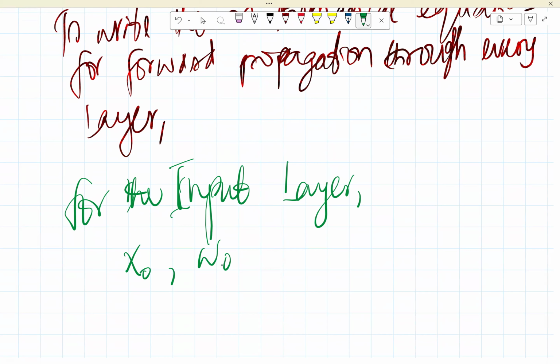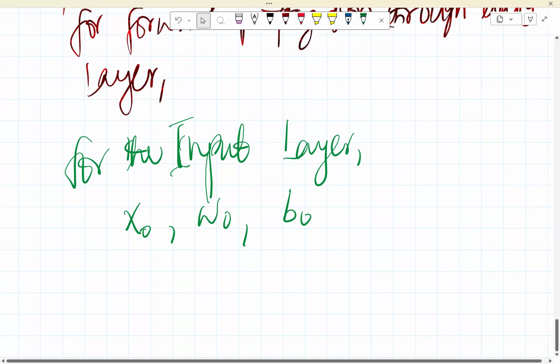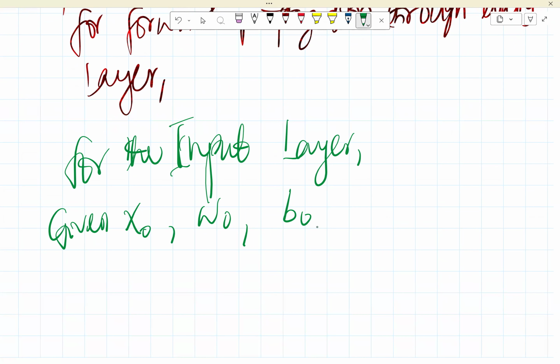We have the original input, the original weight, and the original bias. So we can say we have Z1, which is W naught X naught plus B naught.